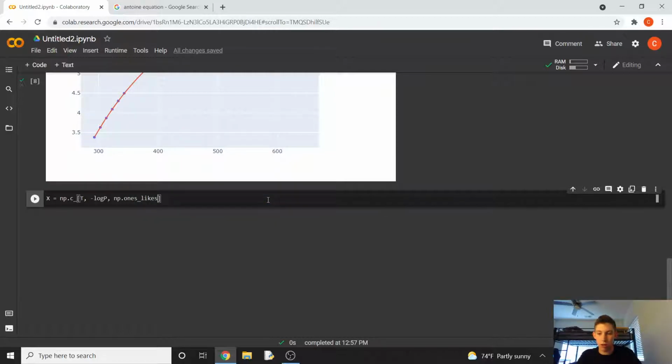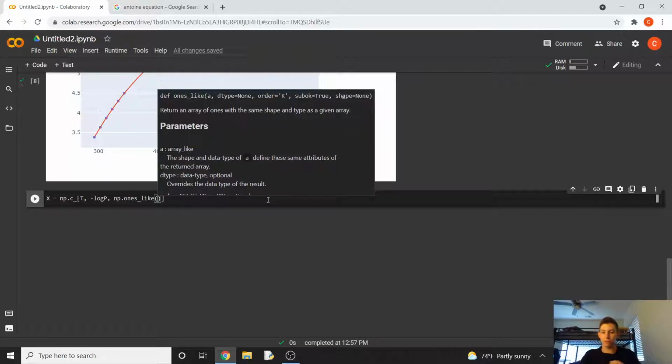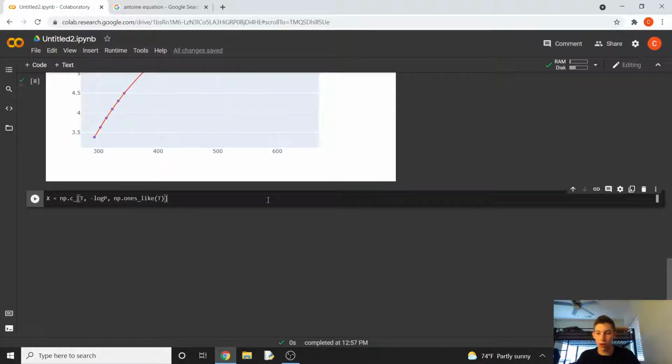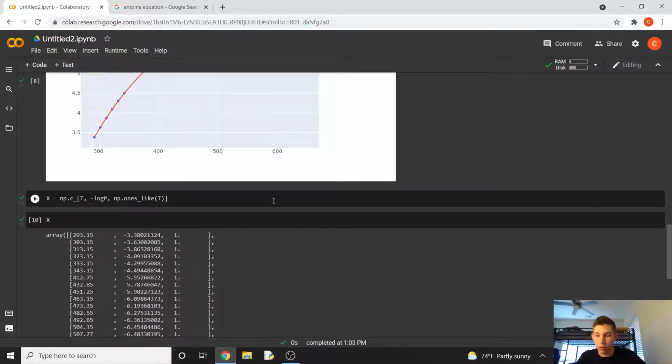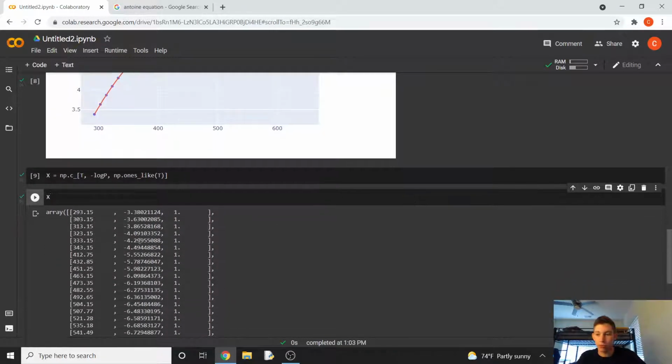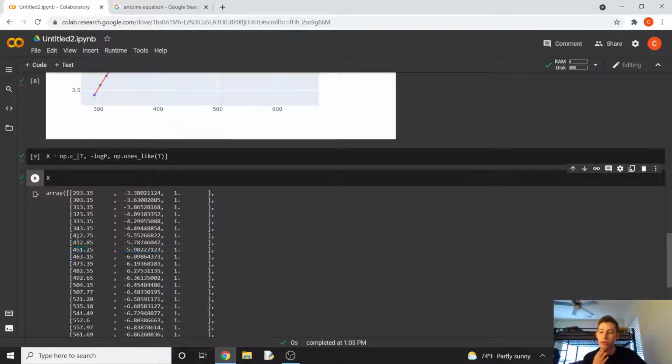This just creates a column of ones with the same length as, we'll just say temperature, but I could have done the negative log p. So let's see if this checks out. Looks good. So remember, this is the temperature in Kelvin, and this is the negative log of the vapor pressure, and then there's just the ones, and these correspond with the different constants that we're looking for. So this one's connected with A, this one's with C, and this is with D.